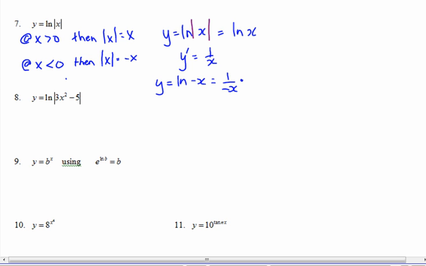What's the derivative of the inside? Negative 1. So what does it actually end up equaling? 1 over x. So it doesn't matter if it's greater than 0 or less than 0. Because we had to multiply by the derivative of our inside, we can say that no matter what x is, the derivative of the natural log of the absolute value of x is 1 over x. Yeah?